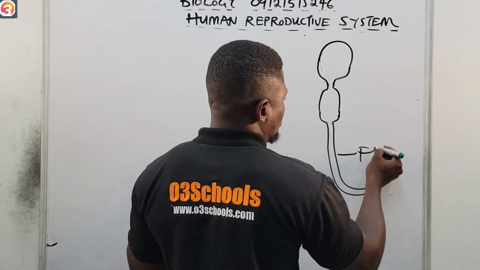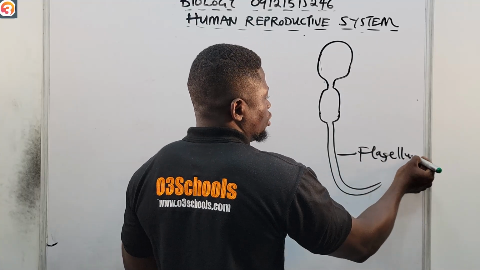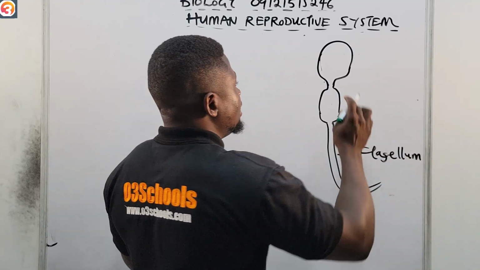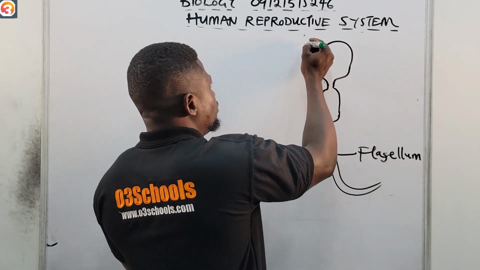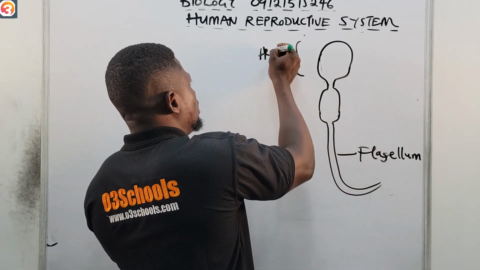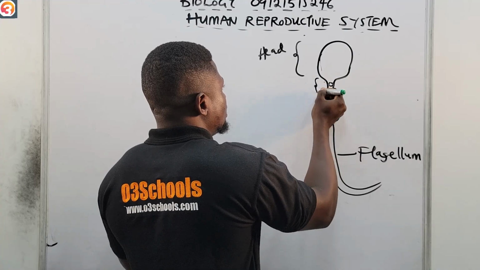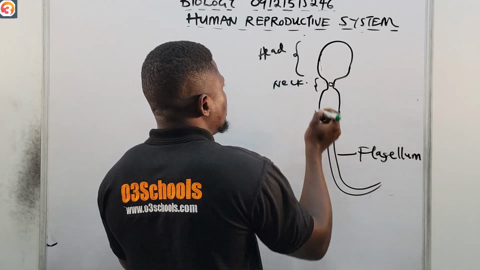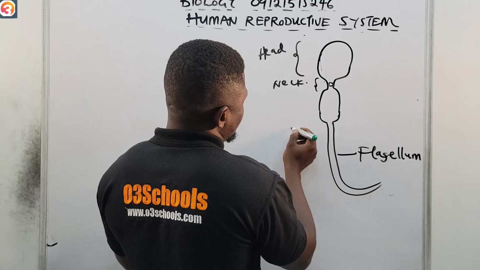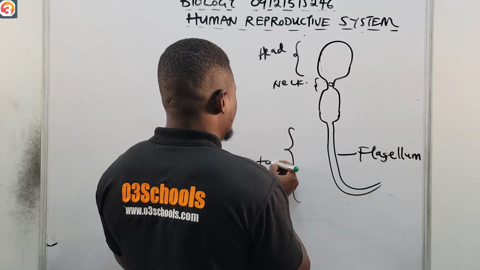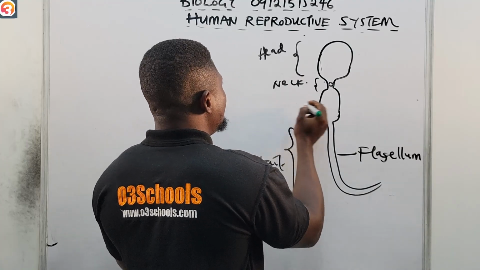This one is called the flagellum. This is the head, so from here to here is the head. This place here is the neck. Then here is the tail. And here is the middle piece.